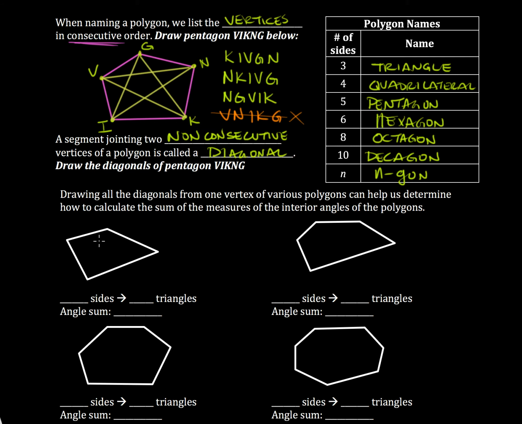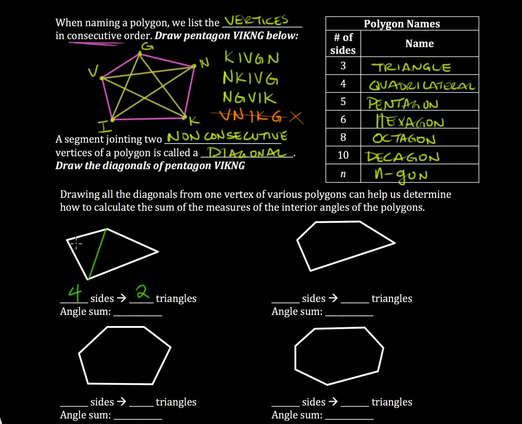Now let's see, what if I take this four-sided polygon and I draw in one diagonal? Boom, right there. I just broke that four-sided polygon, that quadrilateral, into two triangles.